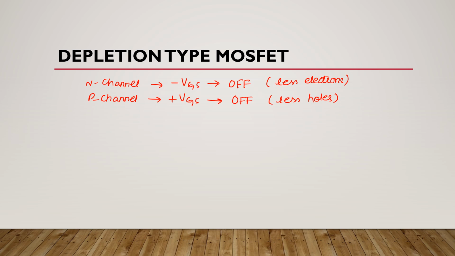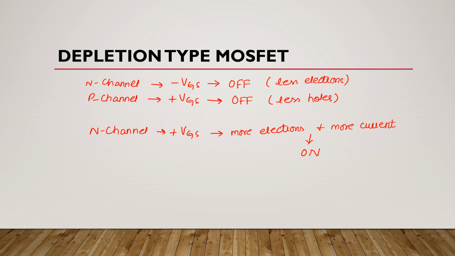In other words, for an N channel, when positive gate to source voltage is applied, there will be more electrons and more current, which will turn the transistor on. The opposite is also true for the P channel types.